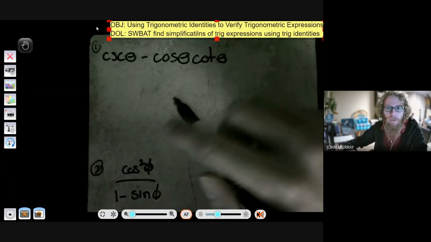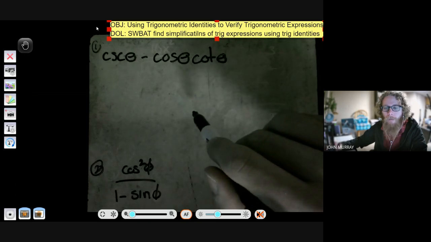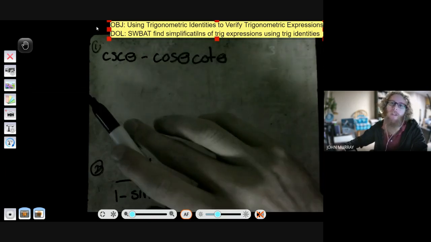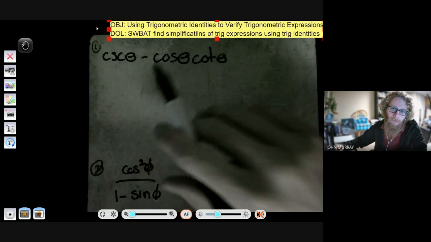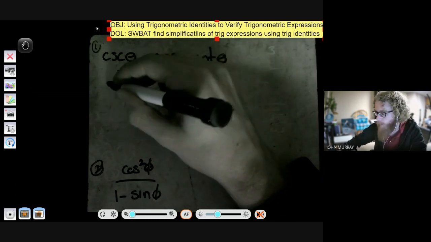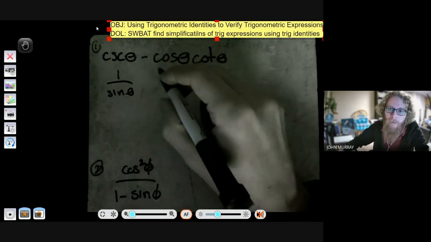All right. So the first one we have is cosecant minus cosine times cotangent. Right off the bat, I don't see any squares, so I'm not going to be using any Pythagorean identities right now. I know that cosecant is 1 over sine. Maybe that'll help me, maybe it won't.